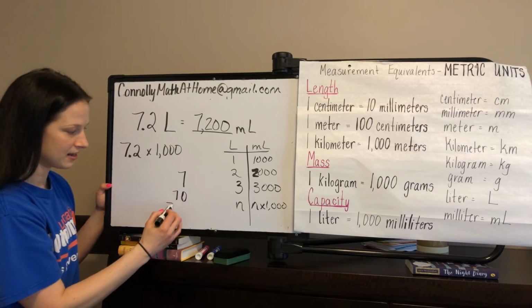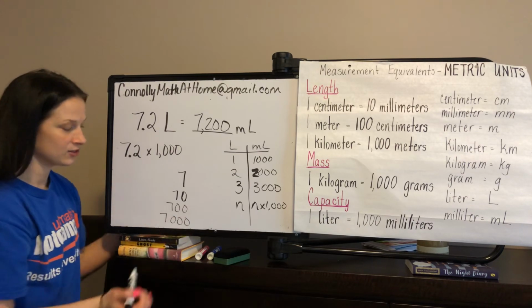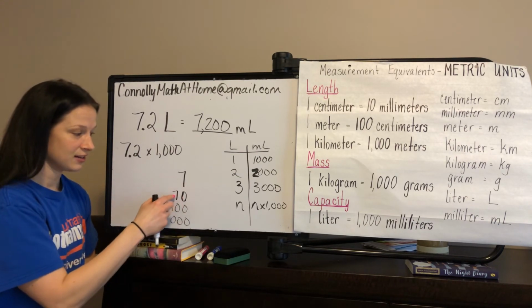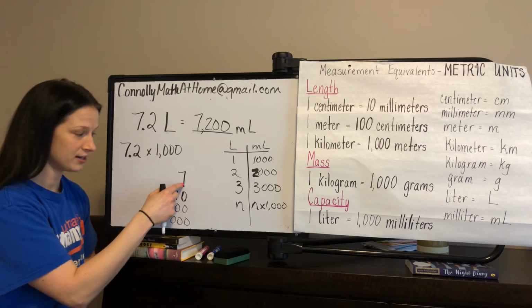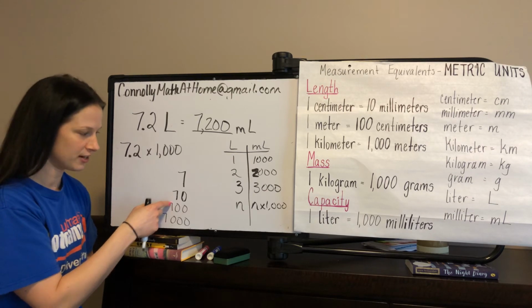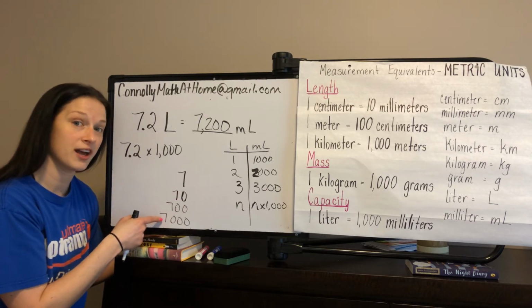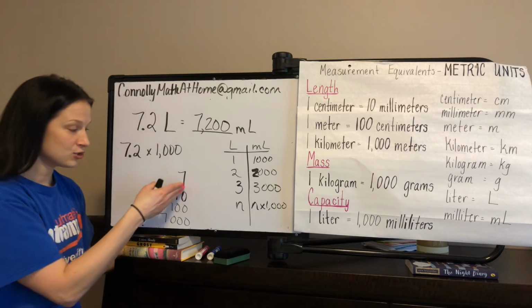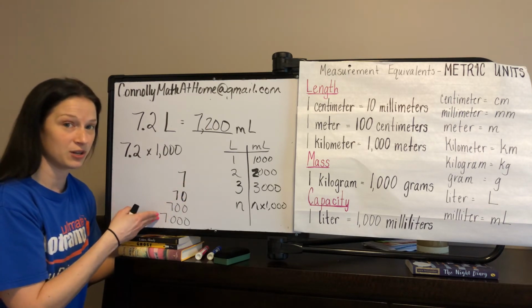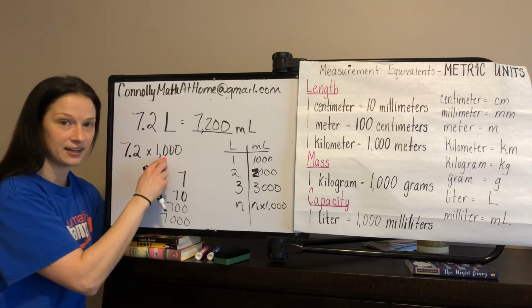Then this is 100 times greater, 1,000 times greater. So it shifted one time for 10 times greater, 2 times to the left for 100 times greater, and 3 times to the left for 1,000 times greater. So there's a relationship here between where the digits are in your powers of 10.